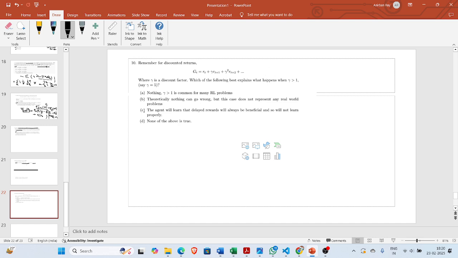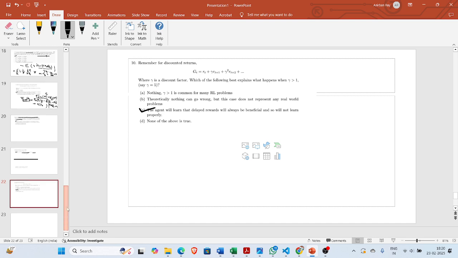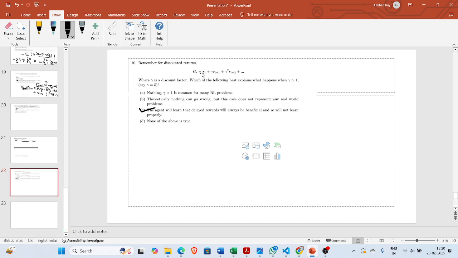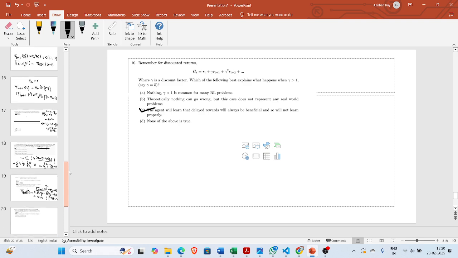But it will not be able to learn properly, that is, it will not converge, because you can understand that only if it becomes lower and lower can it converge, right? Convergence of a sequence. So that part is there.